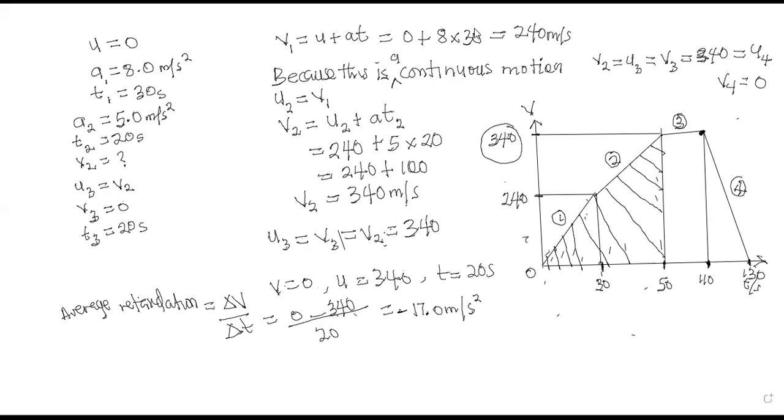Sir, you find the distance traveled within the velocity of 240 meters per second, with the formula s = ut + ½at². But we have to use the graph. Yes, I know you can use the equations of motion, but you see, the question is using the graph. So we are using the graph to do this, Gideon.